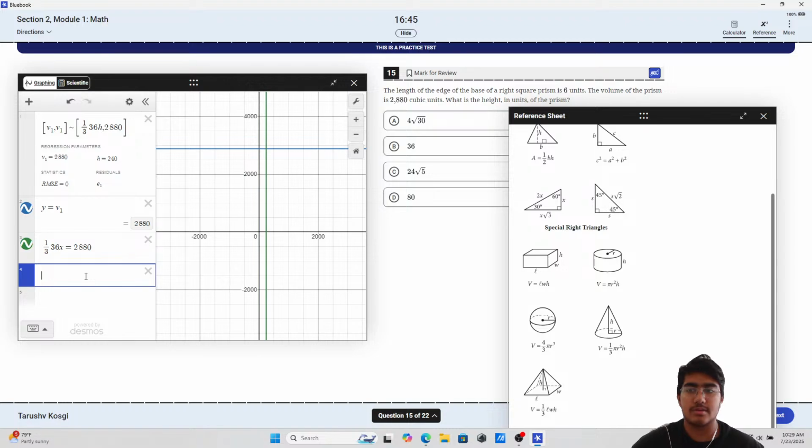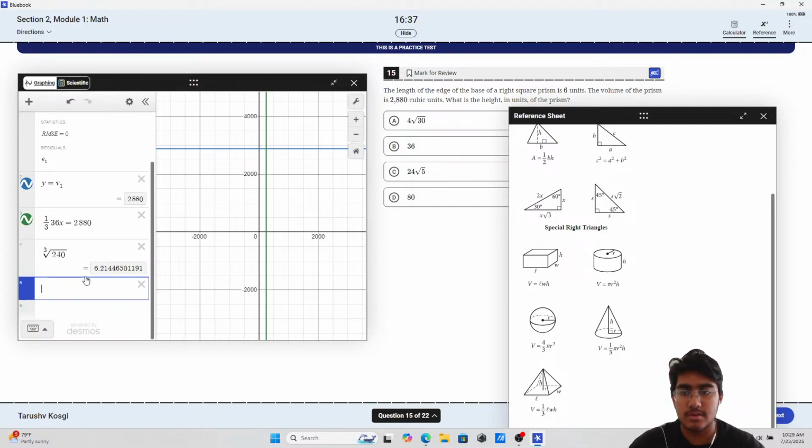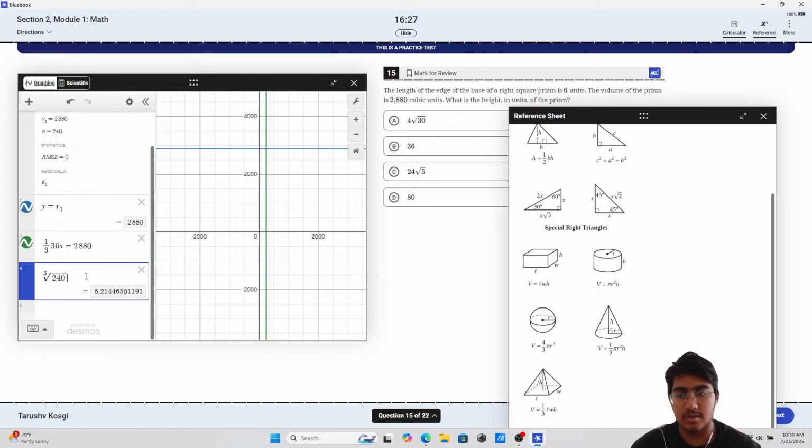What if I cube root 240? 6.21. Okay, fine. Not cube root.